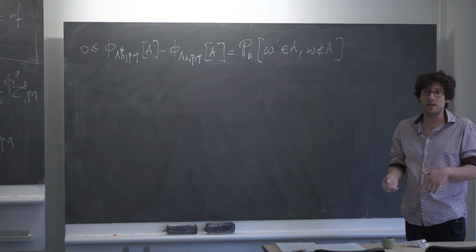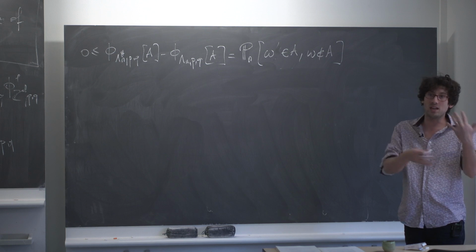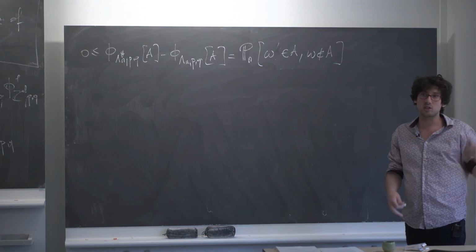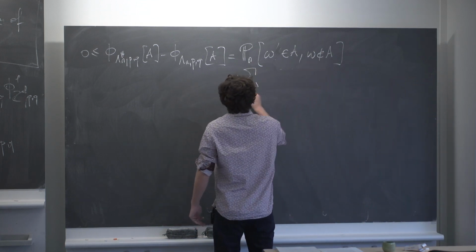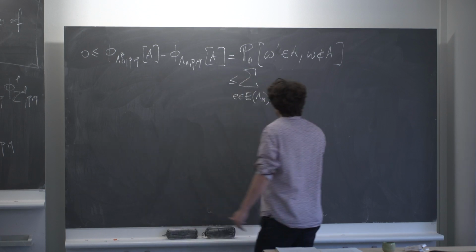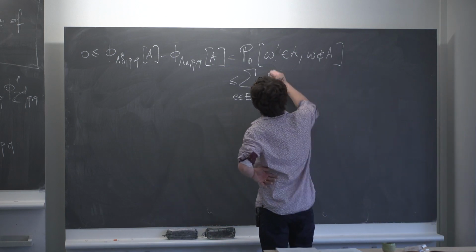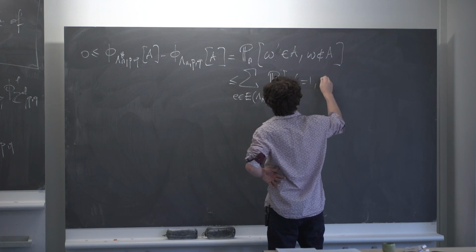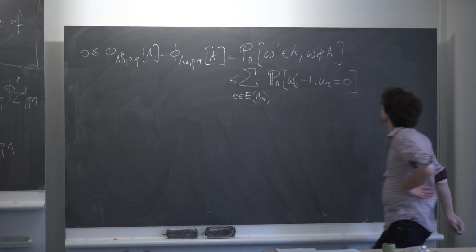We know that every edge which is open in omega prime is open in omega. So the only way that I can have a difference is that there is an edge which is open in the big configuration, but not in the small one. So it's smaller than the sum of the edges in lambda n of Pn of omega prime E is equal to 1 and omega E is equal to 0.